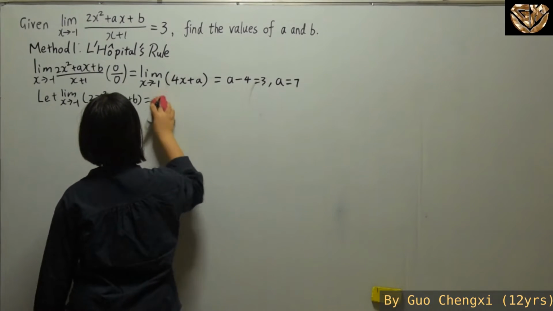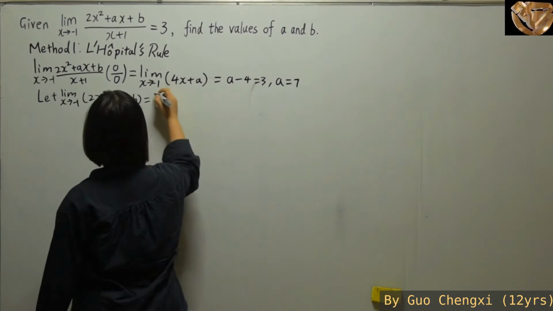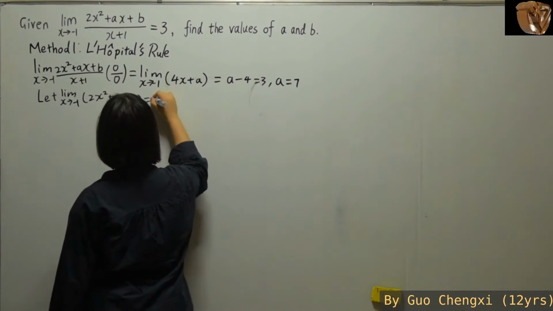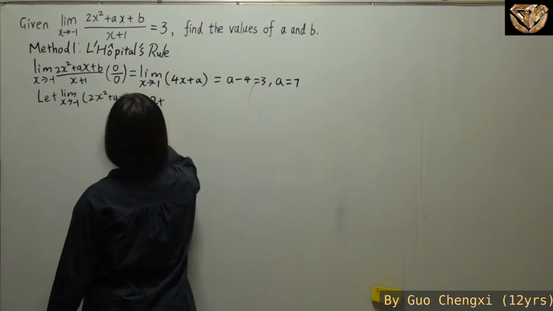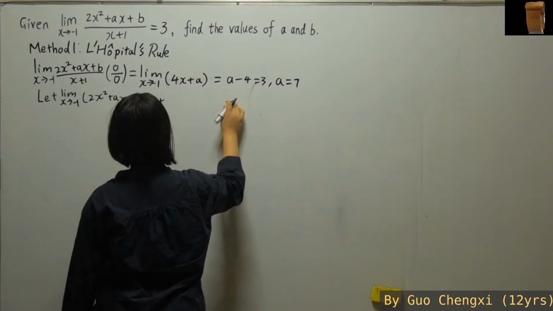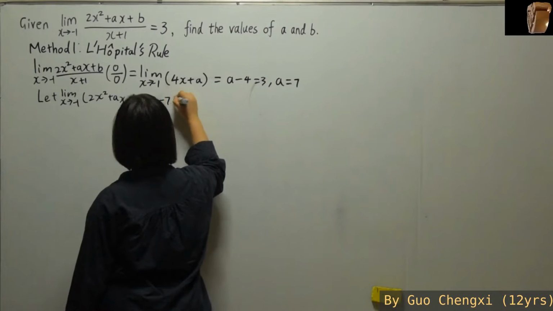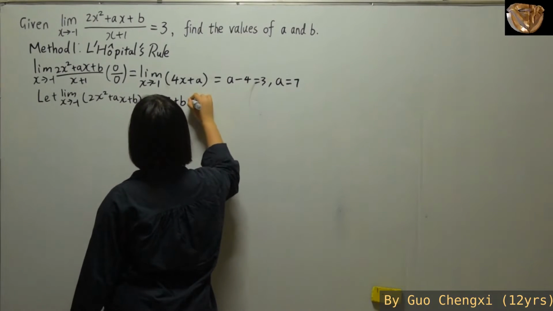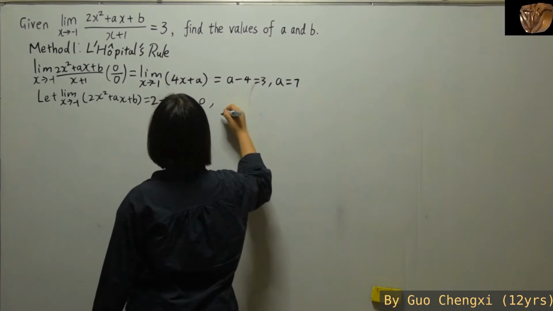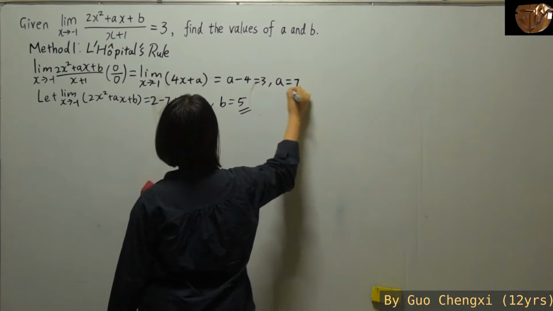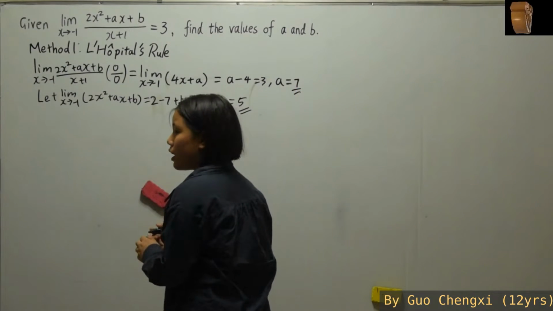Substituting, we'll have 2 minus 7 plus b is equal to 0. Since it's like that, b will be equal to 5, and thus we find out what a and b are.